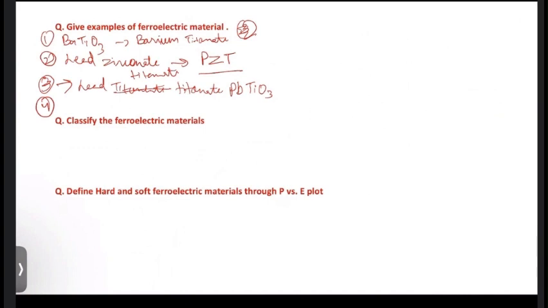Fourth example, lead lanthanum zirconate titanate, that is PLZT.